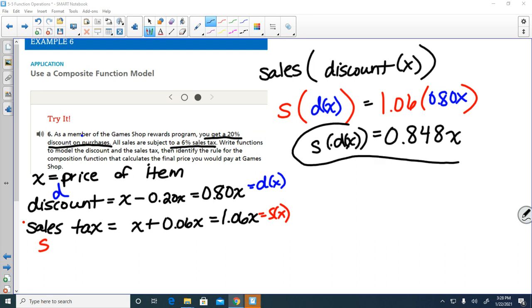So if this applies to you, and you go into the store, and you know you get 20% off, but then they're going to charge you 6% sales tax. Instead of doing these two separate operations, you can just walk in, multiply 0.848 times any price on the price tag, and that's the price the cashier is going to tell you. Nice little trick there. But it's also math, so it's not really a trick, it's just algebra.